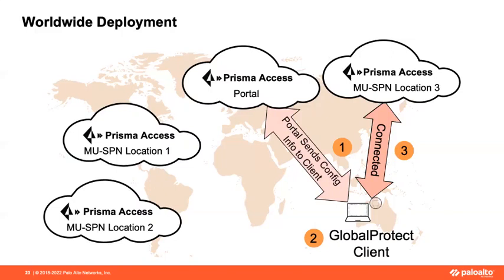So the client, the software will connect to the portal, get its rules. We call this the client config. Disconnect from the portal. Then it'll go to the different security processing nodes it has access to. It'll actually do an SSL hello to all of them.